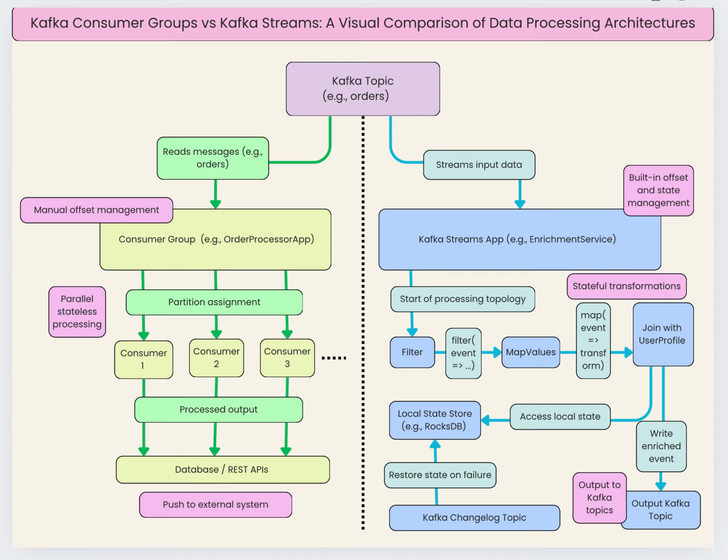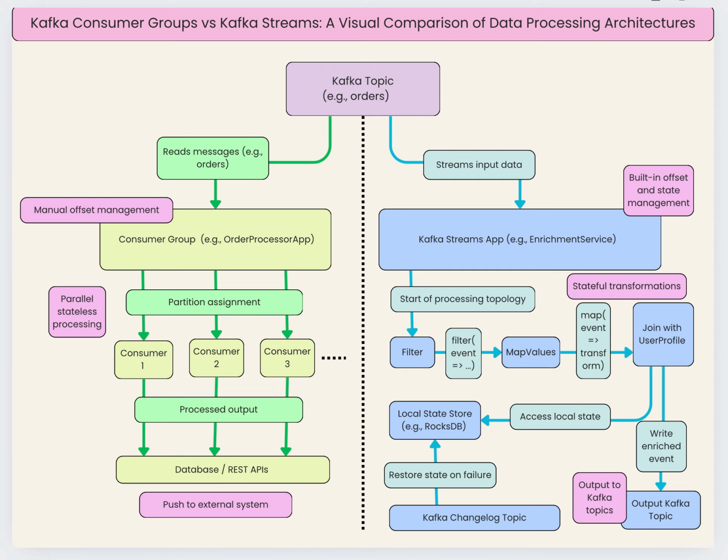Kafka Streams builds a topology, a directed graph of transformations. In our diagram, you can see it begins with a filter followed by a mapping function and then a join with user profile data.